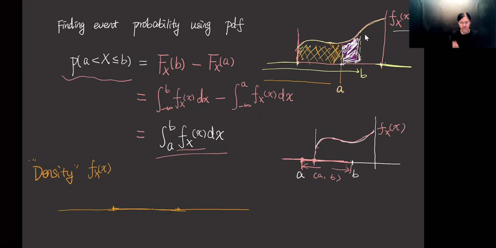And when you throw many, many points according to this distribution on the real line, then where the points are very dense is where the probability density function is high. And where the points are not dense is where the probability density function is low. So that's intuitively what density means in the probability density function.